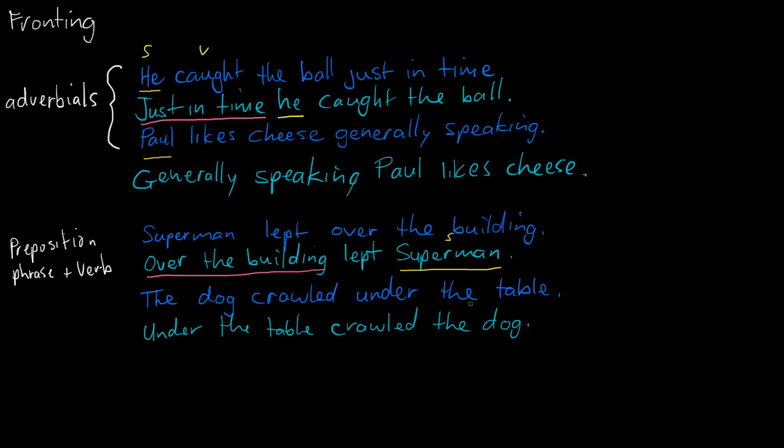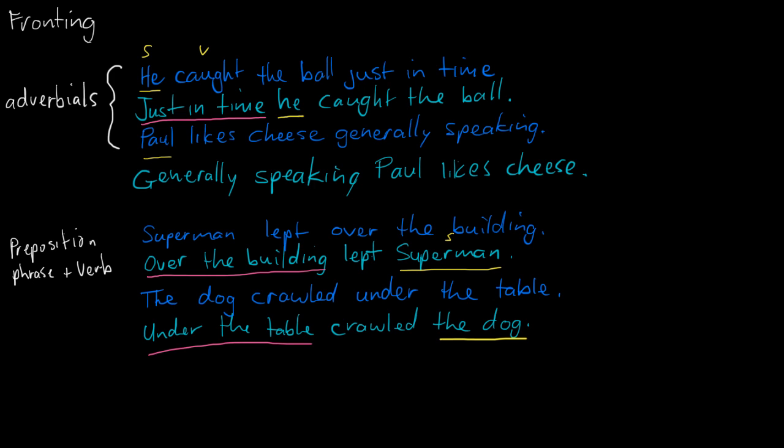So when you have a preposition phrase plus a verb, your subject actually moves all the way to the end. Okay, and the emphasized part, I guess you could say, is the preposition phrase plus the verb. But anyway, that's a detail that I don't think really matters.